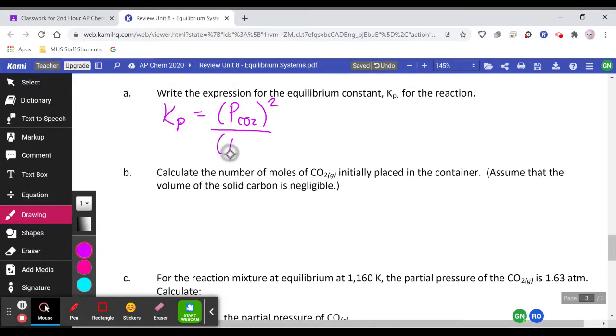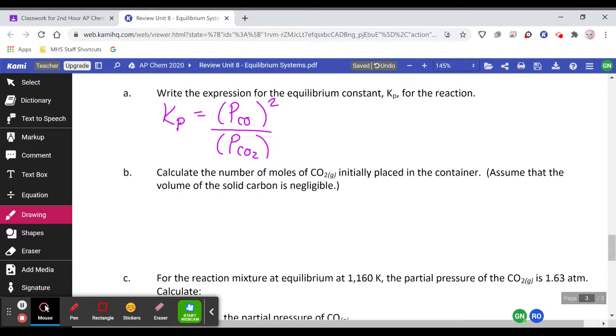And we'll divide that by the pressure of CO2. Sorry, the first one should have been CO. Pressure of CO squared over pressure of CO2. Okay, that's it for that one. So just remembering to leave out that solid there.